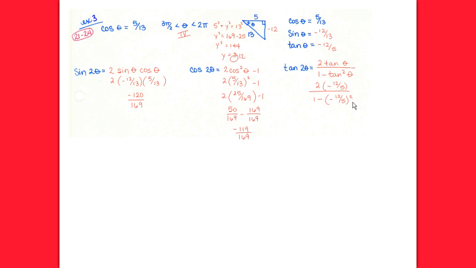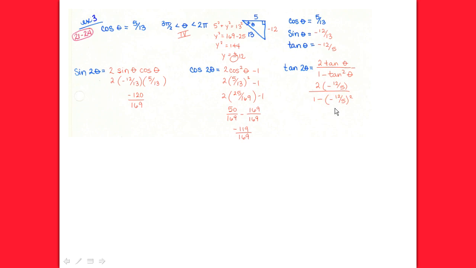With this type of problem, students try to just replace theta with negative 12/5. So they come down here and they've got 2 times the tangent of negative 12/5. And then they're stuck. What am I supposed to do with the tangent of negative 12/5? It's the whole tangent theta that's equal to negative 12/5. So I'm going to replace the whole tangent theta with the negative 12/5.